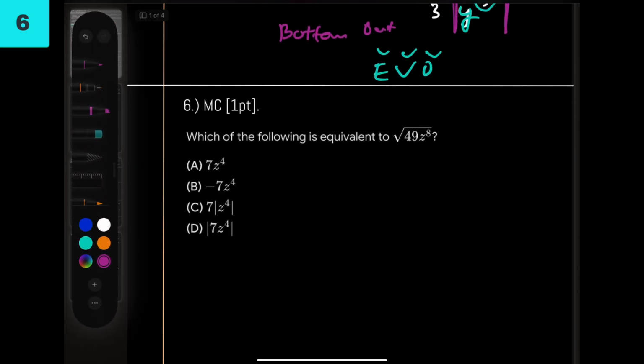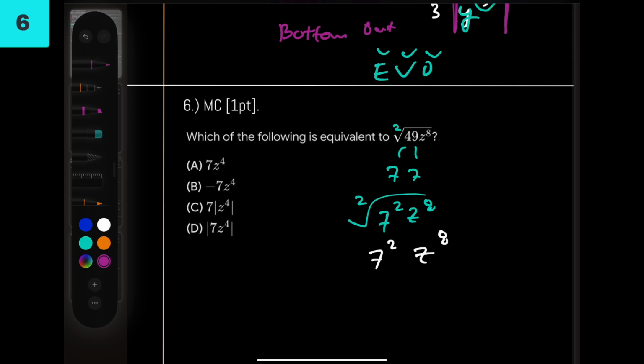Okay, question number 6. Let's break it up into 7 and 7. You have an index that's invisible, it's 2. So really you have this. So 7 squared, z to the 8th, out bottom.